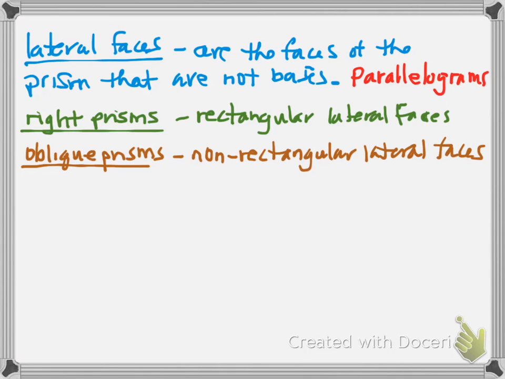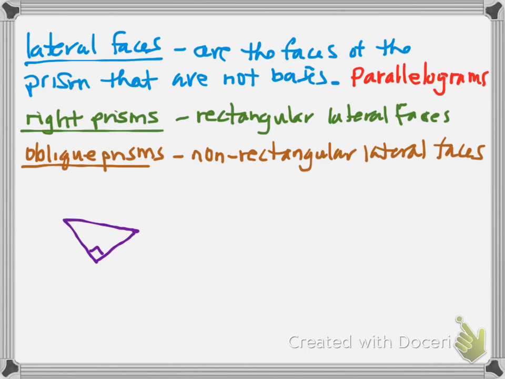So again, we name, I'm just going to do a couple of these. We name prisms by the shape of the base. So, for example, what shape is that? Be specific. It's a right triangle.